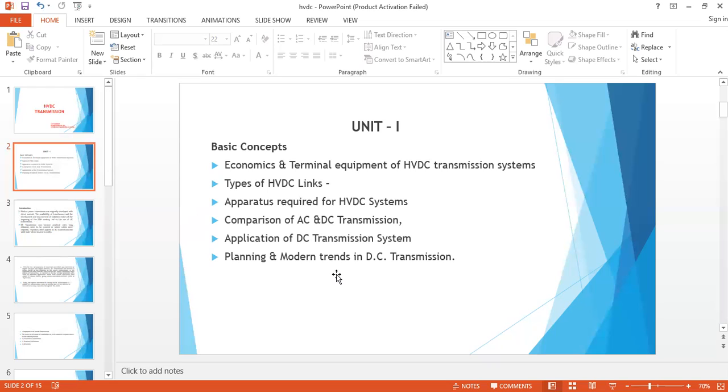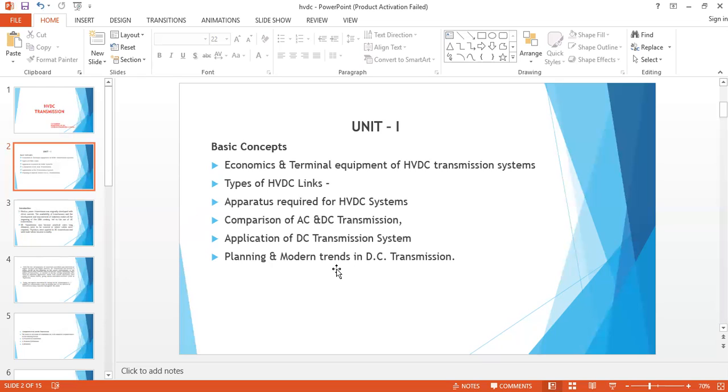Types of HVDC links. Next, the converters required for HVDC transmission, comparison of AC and DC transmission and applications, planning, and modern trends in DC transmission.